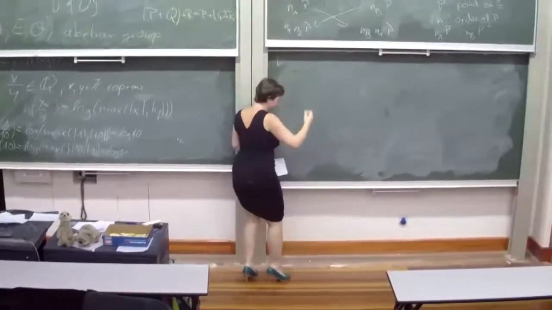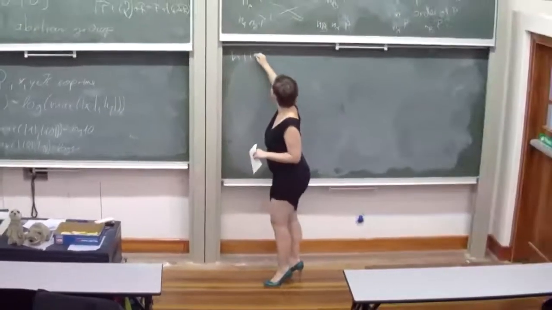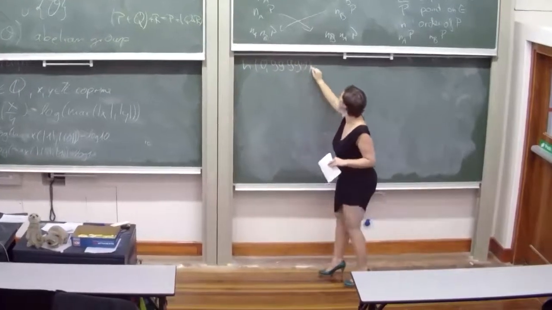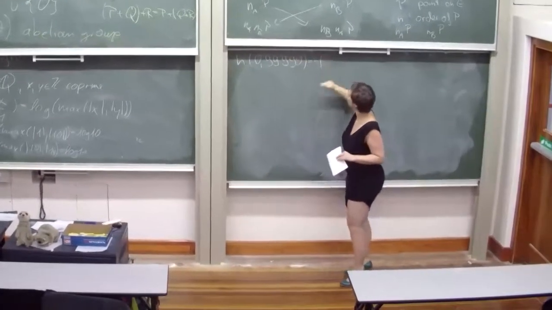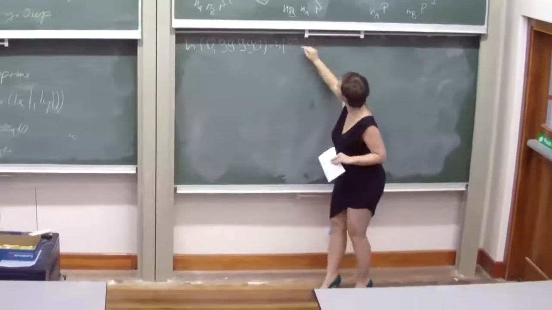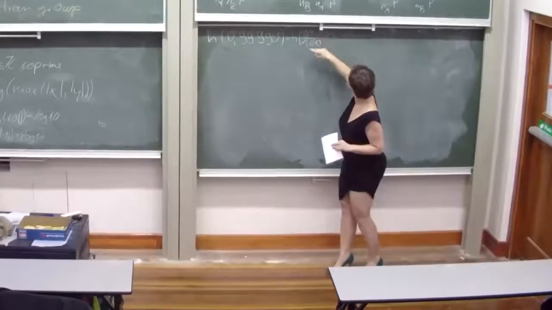So let's see what the height of 0.99999 and so on is. Well, this is just 99999 over 100,000.